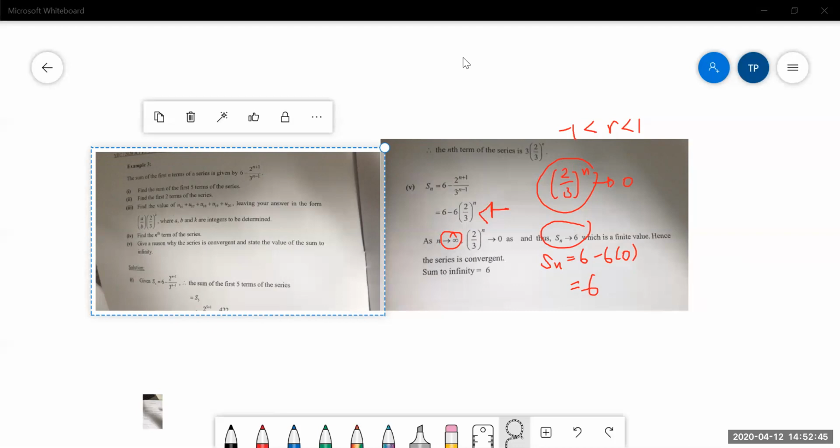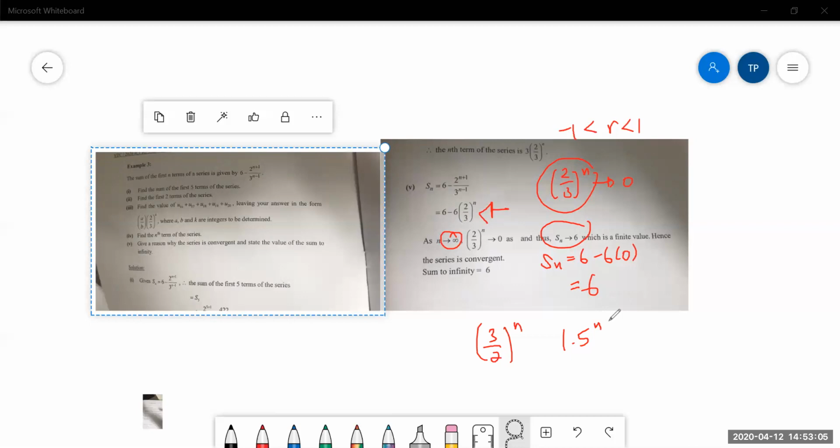You see, let's say instead of (2/3)^n, it's (3/2)^n. It'll still be 0? No, it will not be. It's 1.5 to the power n. You use a calculator, 1.5 to the power of 999. Oh, it's a math error.